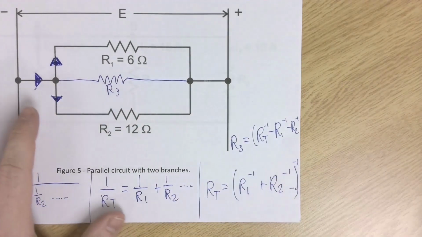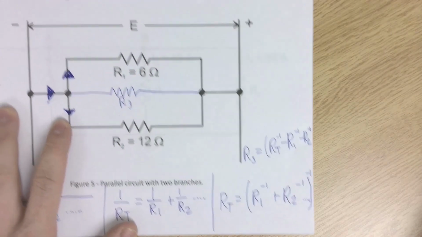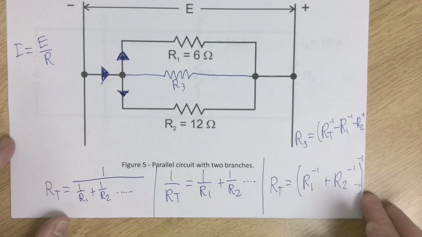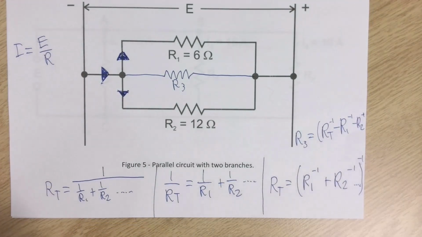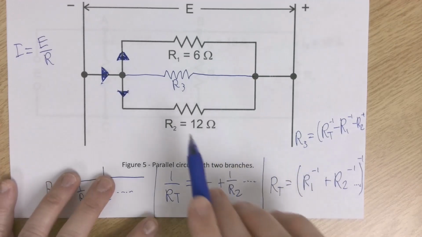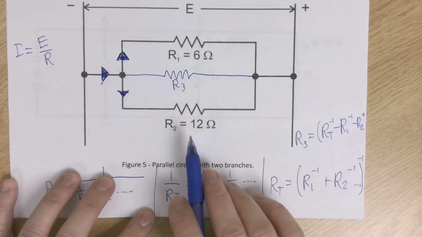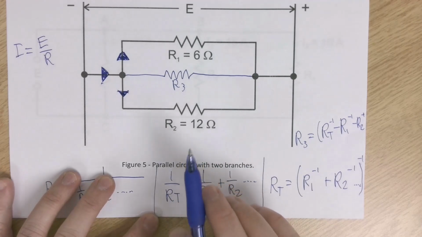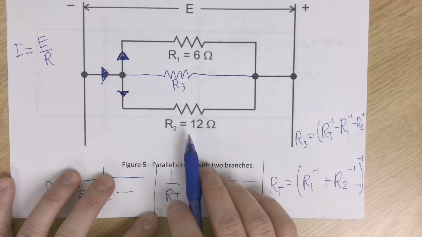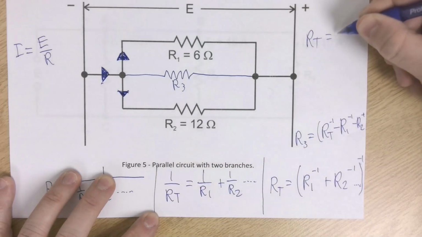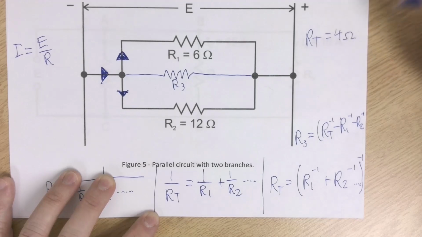The important thing to remember, and the way to make sure you add it up, if you're calculating your total resistance in a parallel circuit, is that your total resistance will always be less than your smallest resistor. So for this circuit, our R total was equal to 4 ohms.